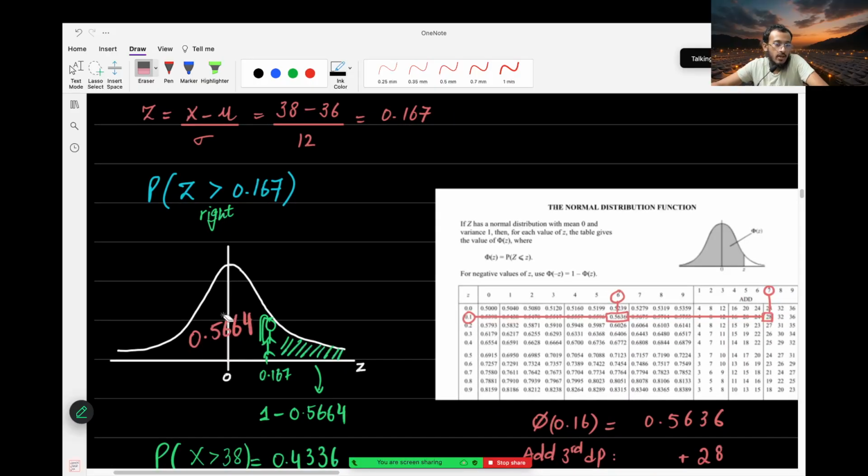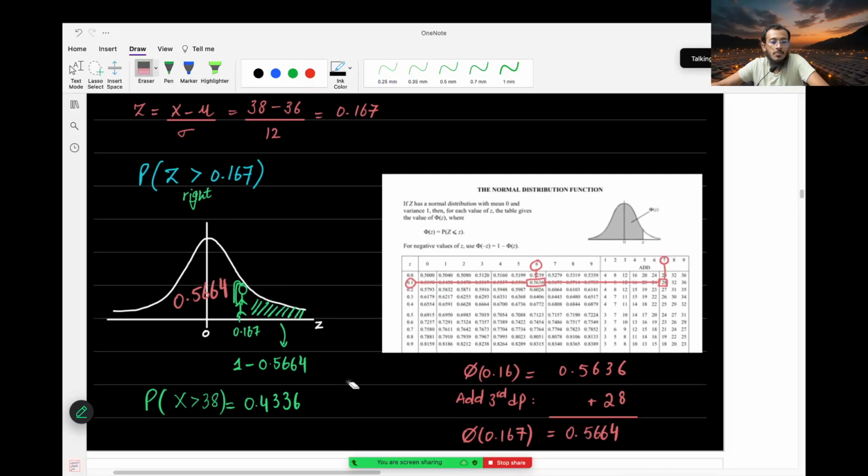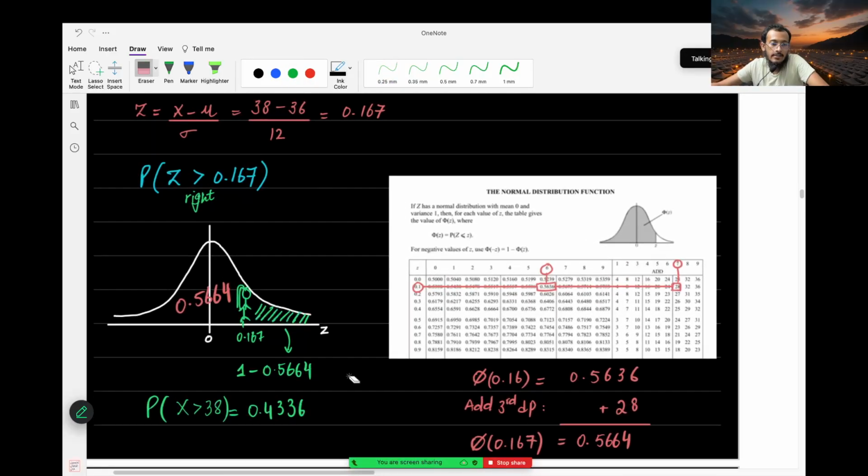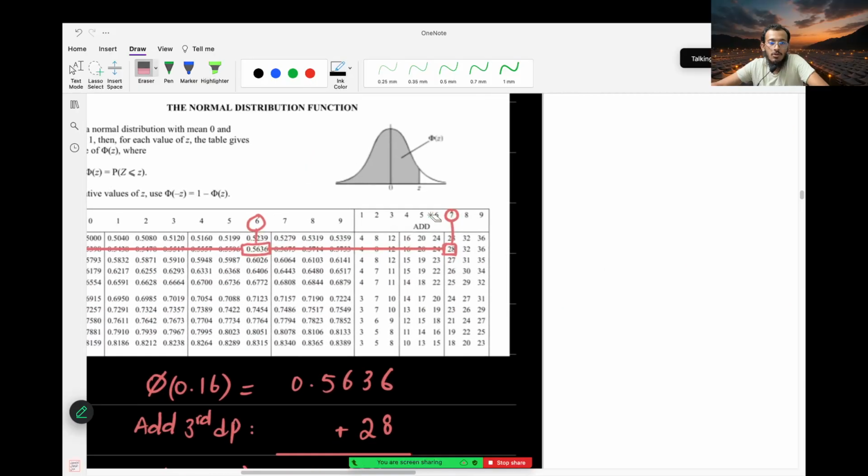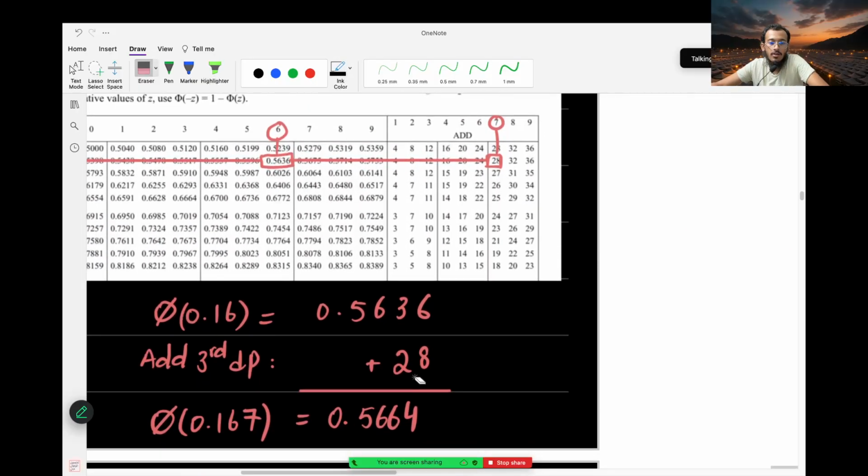It gives you the area to the left side, but we are interested in the right because it is greater than. So you subtract that to find the probability. And because it's 3 decimal places, you need to use the add column, add 28. The add is only on the last 2 digits. So don't add 28 as a whole.